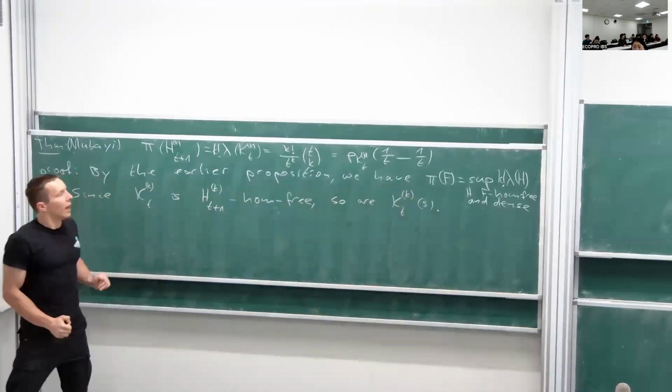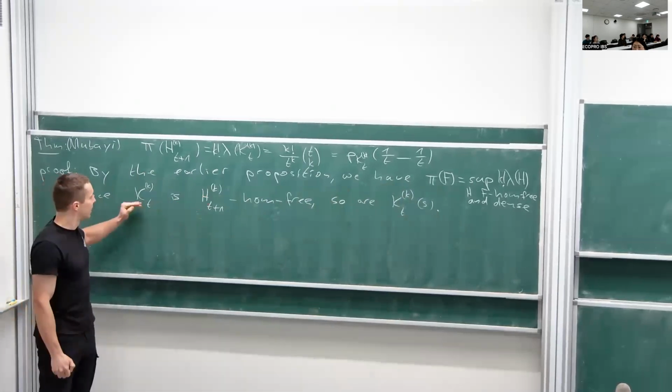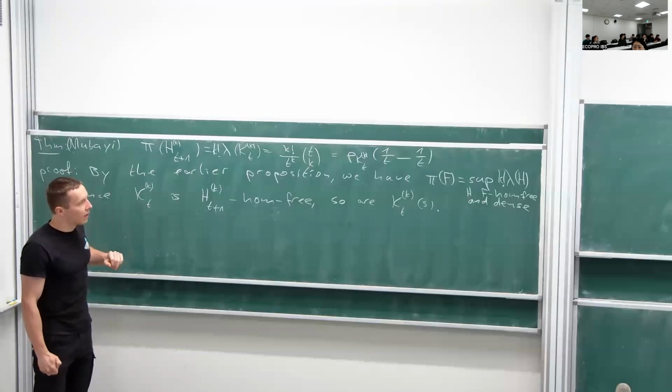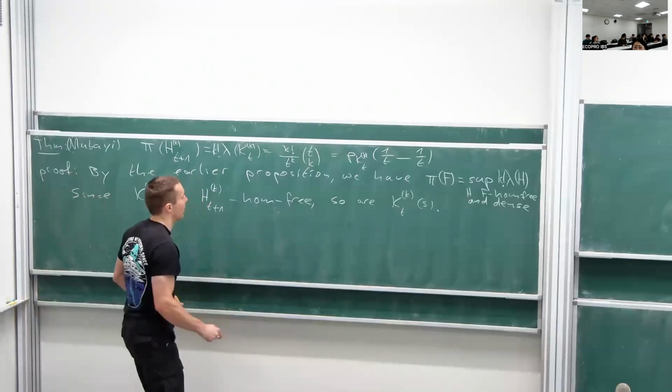Okay, and so those are all potential candidates, right? Because these are clearly also dense. But on the other hand, we want to say that these are not F-hom-free. So why is that?